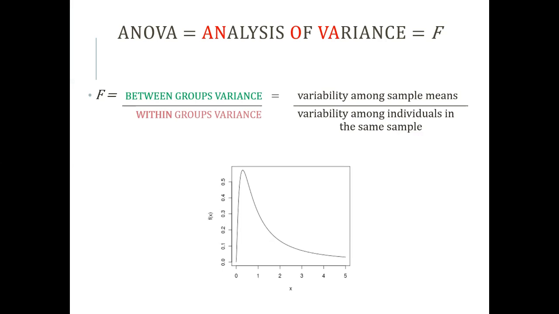If you have an effect of your experiment, or let's say an effect of an independent variable, you would expect that your between groups variance would increase, and that would cause your F statistic to be larger than 1. If you have an F statistic larger than 1, that's more likely to be a statistically significant effect.